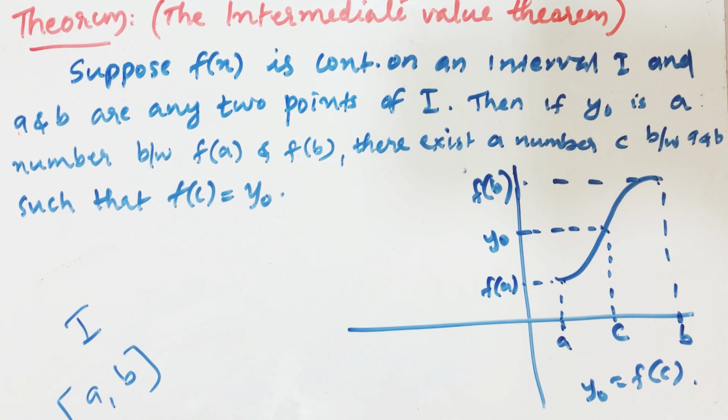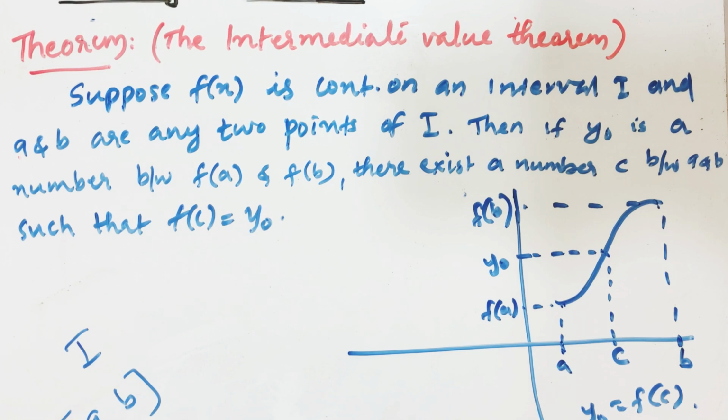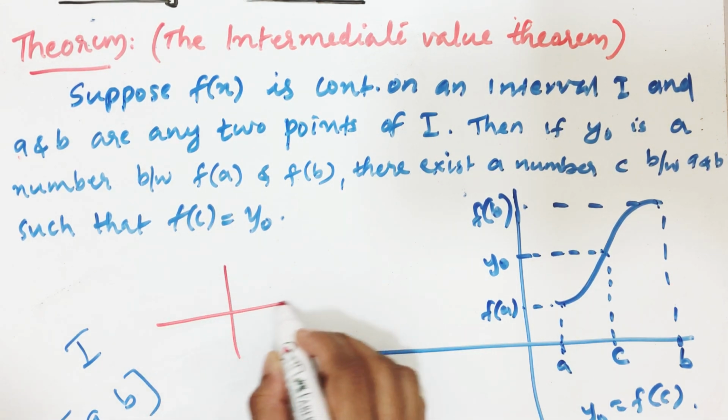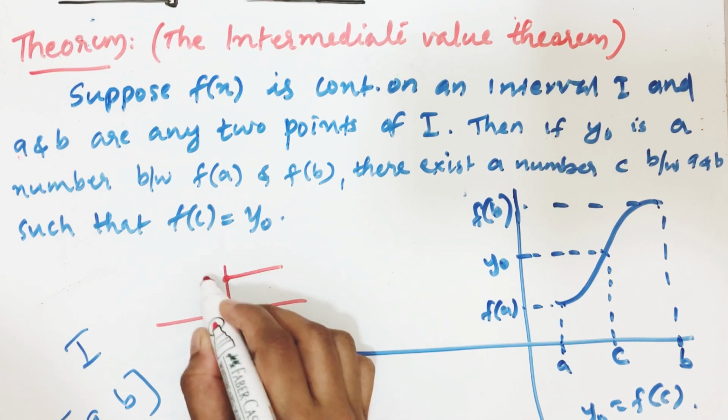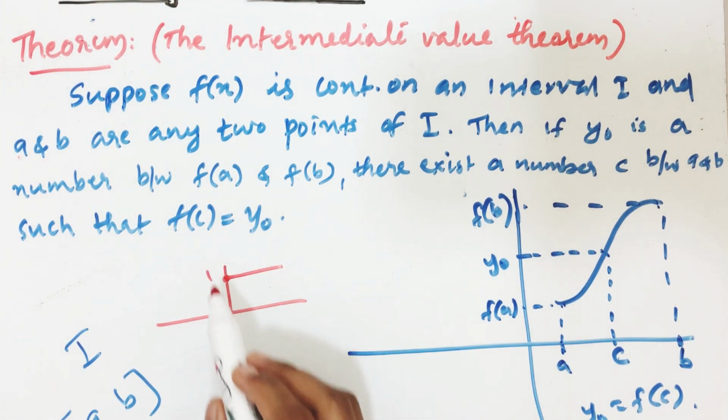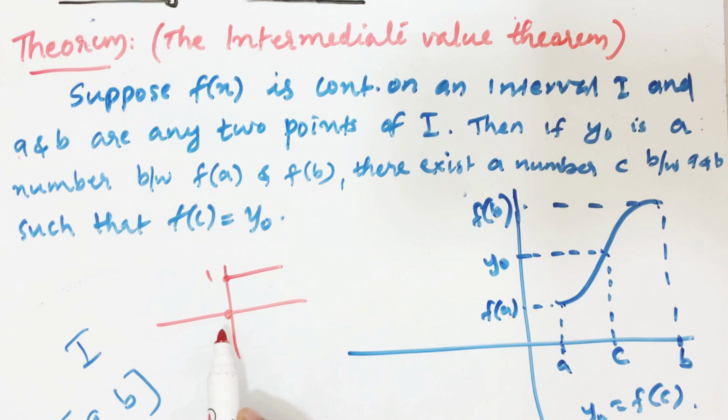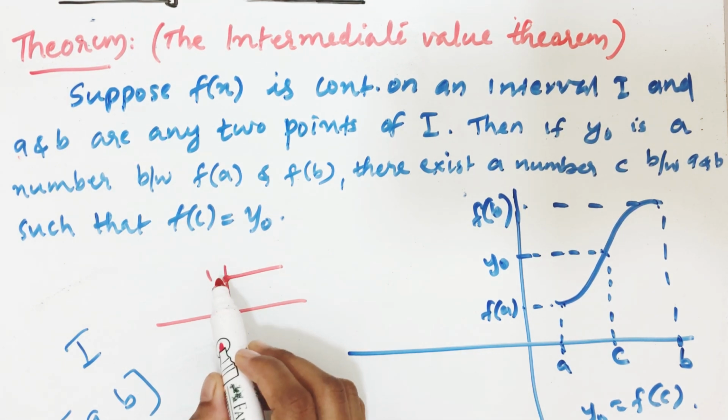The continuity of f on I is essential to this theorem. If f is discontinuous at even one point, the theorem's conclusion may fail. We can see the example of a step function. Here it is discontinuous only at 0. It does not take the values in between 0 and 1.